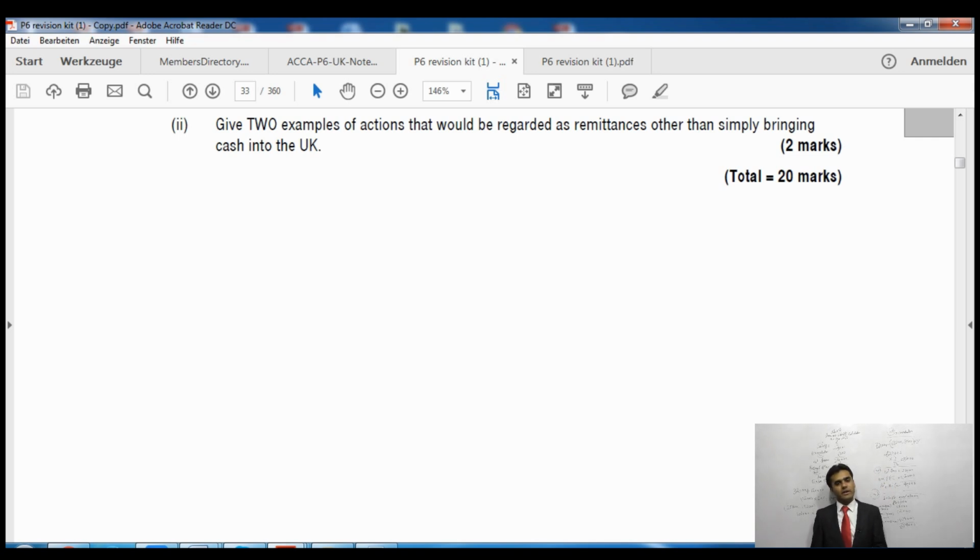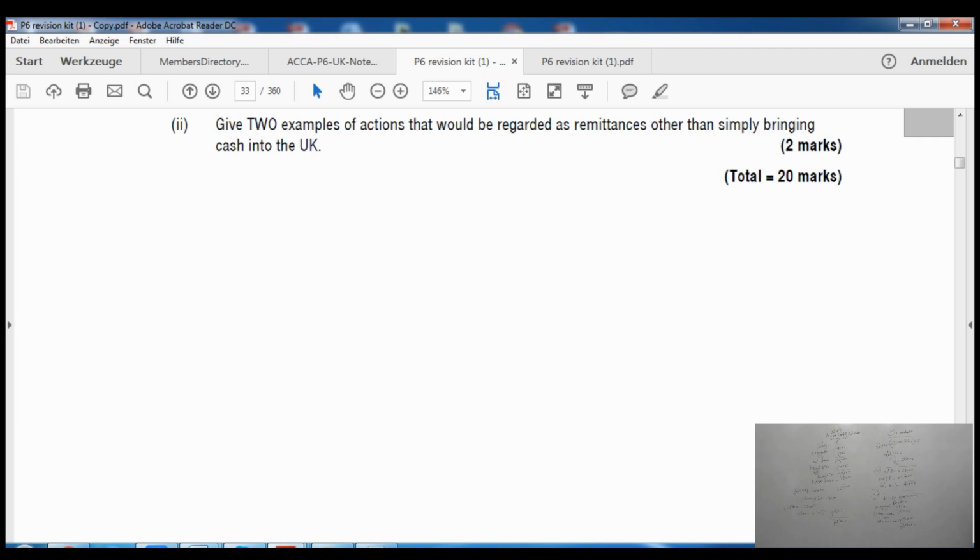So that will also be regarded as remittance. You only need to do two, so you can do them. All right. So that is the end of this question.